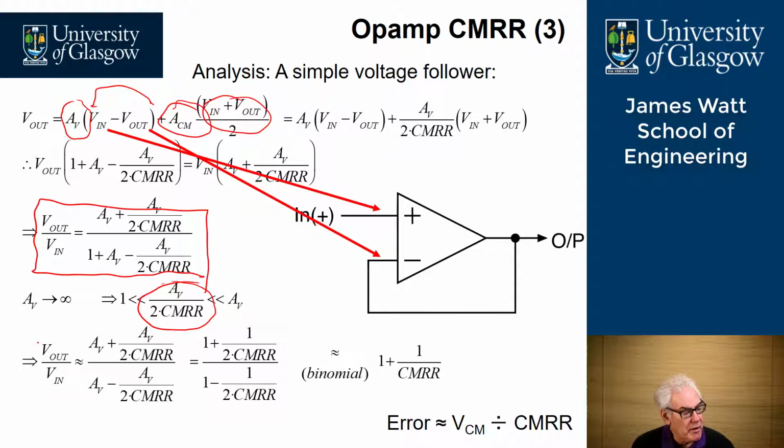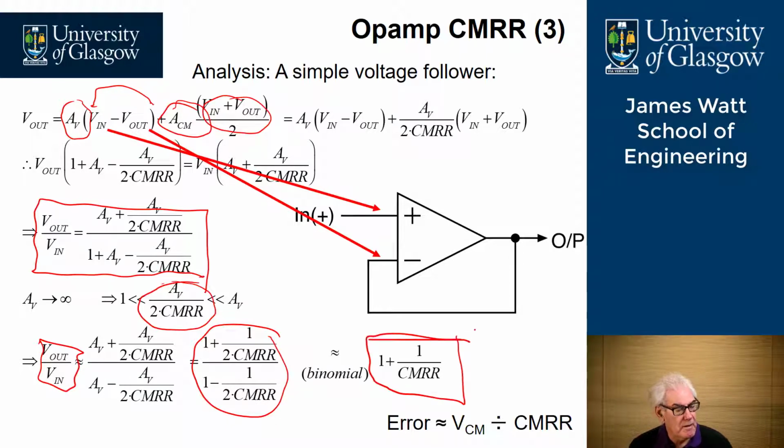So we can now work out the output voltage divided by input, which equals this expression here. By applying the binomial approximation, it equals our end figure here. In other words, the error at the output is approximately the common mode voltage divided by the common mode rejection ratio of any given op-amp.